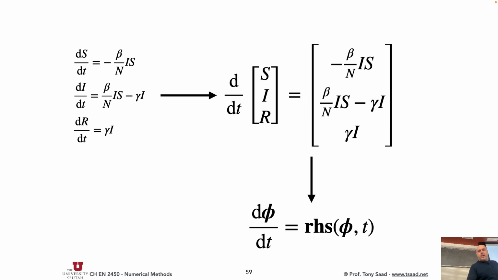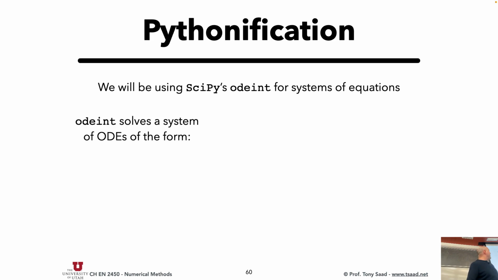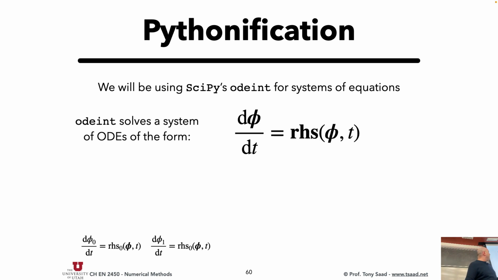Okay. So thankfully, ODEint also allows us to solve a system of equations, a system of initial value problems. The same way we used ODEint to solve a single equation, we can use it to solve a system of equations, except this time we are going to provide it with a vector. So the vector equation we have represents d phi dt, the first ODE, the second ODE, the third ODE, and so on.